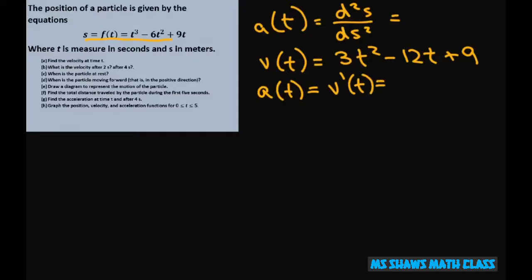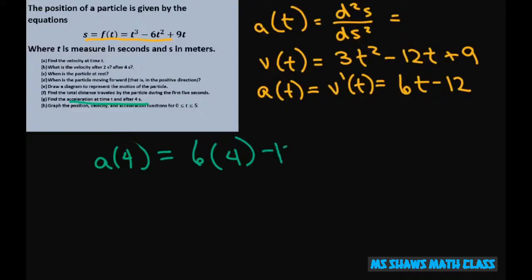So that's going to be 6t minus 12. And then they ask at 4 seconds. So we can do a of 4, which is 6 times 4 minus 12. For your acceleration, it's always squared, so that's going to be 12 meters per second squared.